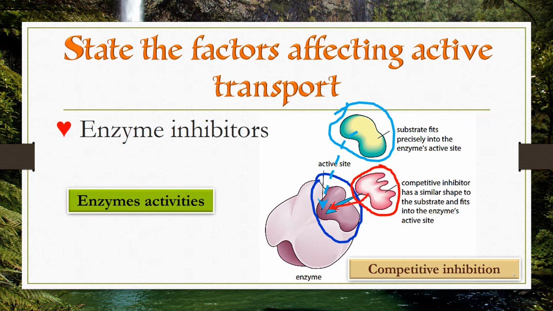That means the competitive inhibitors will be the ones occupying the active site all the time. So the rate of reaction is going to be affected, and the products that we are going to produce are going to be low. That is what we have when we have competitive inhibition: the competitive inhibitor fighting for the active site of the enzyme with the substrate.